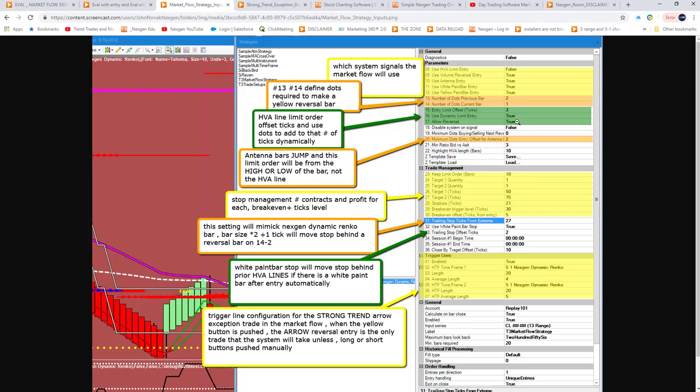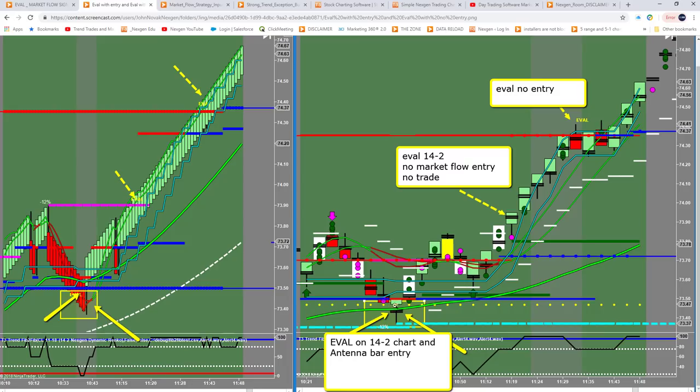The other thing that is notable is input number 20 on the antenna bars. We actually use a different logic with the antenna bars. If you look down here at the bottom, with this antenna bar there's not much retracement. And many, many times with an antenna bar, there's no retracement.